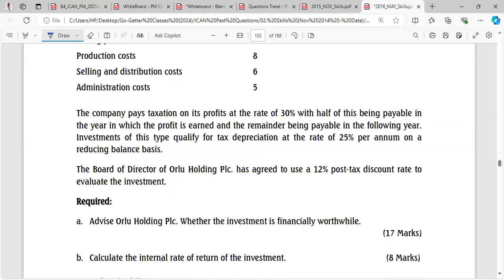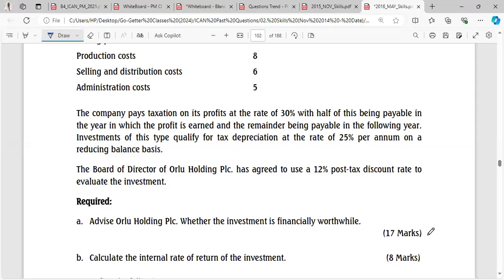The board of directors of Olu Holding PLC has agreed to use a 12% post-tax discount rate to evaluate the investment. Then we are asked to advise Olu PLC whether the investment is financially worthwhile.